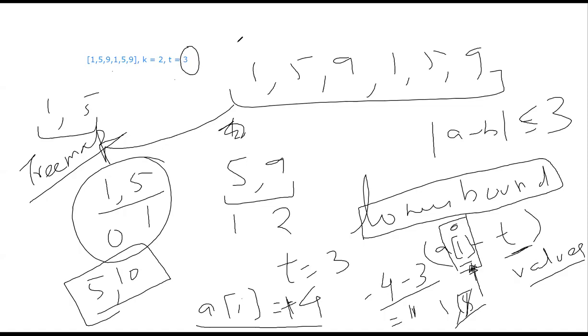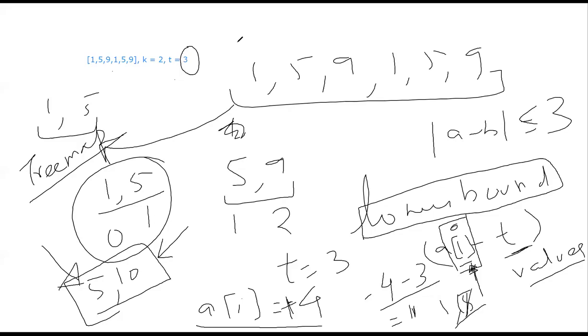Yeah. You mean a of i is 4 and the target value is 3? 3. Yeah. And the difference of a of i minus t is 1. Right. And then suppose in your tree map you have values 5 and 10, and the lower bound will give this value, right? Yeah.